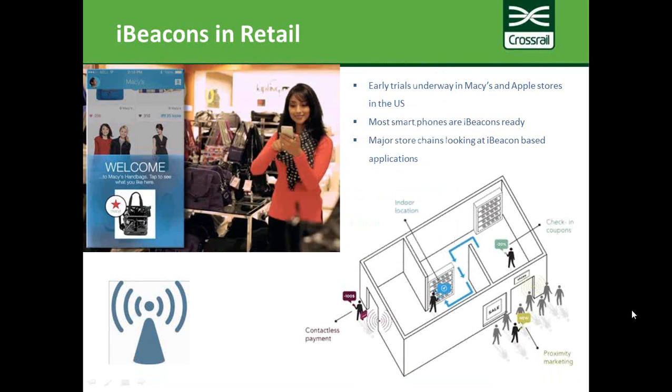It could be used for what I consider particularly annoying proximity marketing. As you're walking past a store, it knows you're in the proximity of that store, so advertising can be targeted at you. And it has also been looked at for use for contactless payment. So we've looked into those use cases, we've looked into the results, and we've seen the success. So now we want to see if that's transferable into an industry like construction, like capital projects.